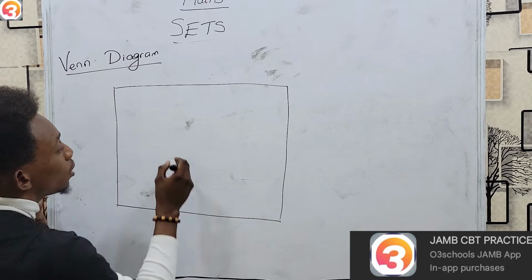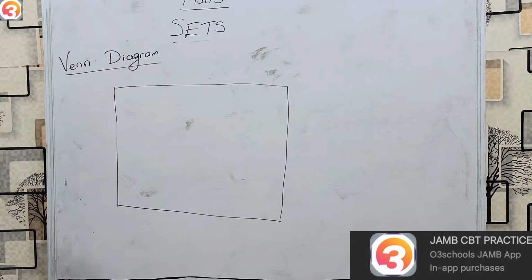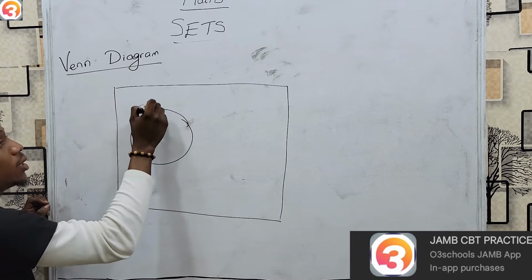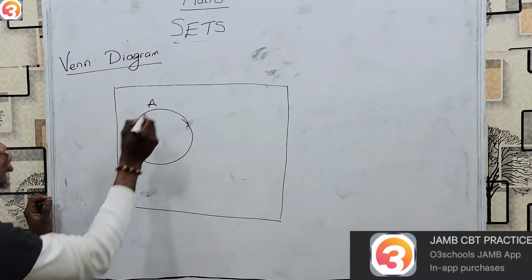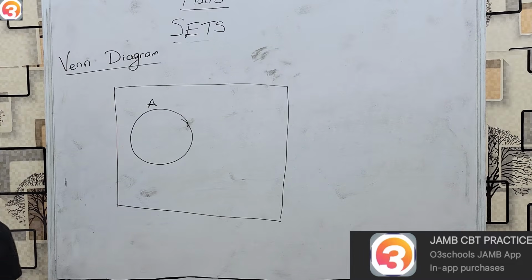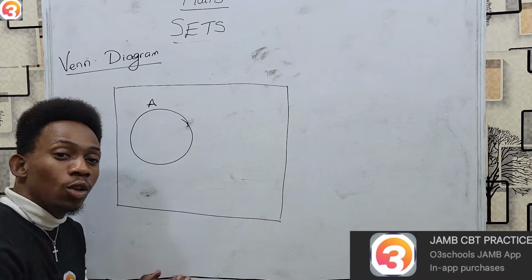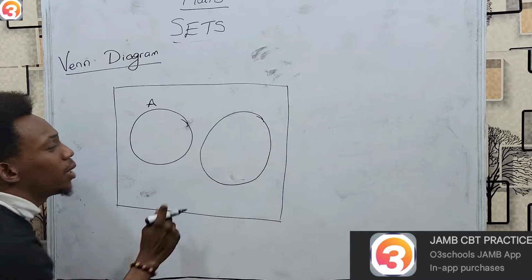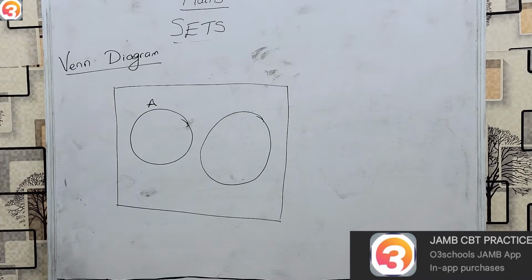So everything within the universal set is going to come into the square or rectangle. Now within this, we could have circles representing subsets of that universal set. So this is a circle, I could call it A. And I think there are just two subsets within here. If these two subsets have terms in common, then the circles will overlap. But if they had nothing in common, say odd and even numbers, they are separated perfectly like this. Nothing in common.